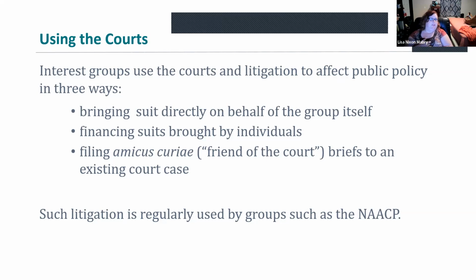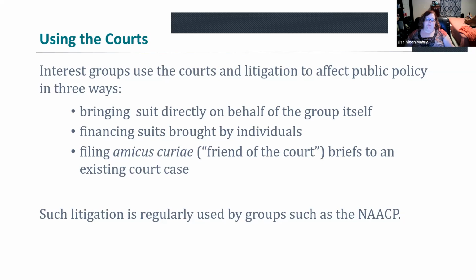So say an individual is suing because the lake behind their house was used as an illegal dumping ground. They reach out to an environmental interest group, and the group helps provide the legal fees for that individual to sue whoever did the illegal dumping.